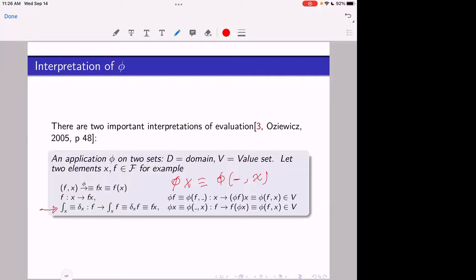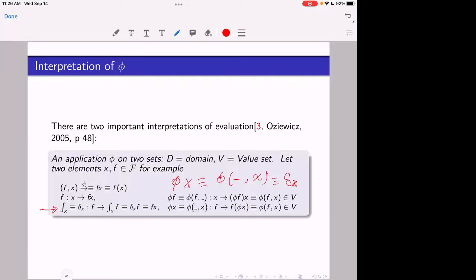Then if we want, we can understand this like the functional delta x, and that is acting on f.